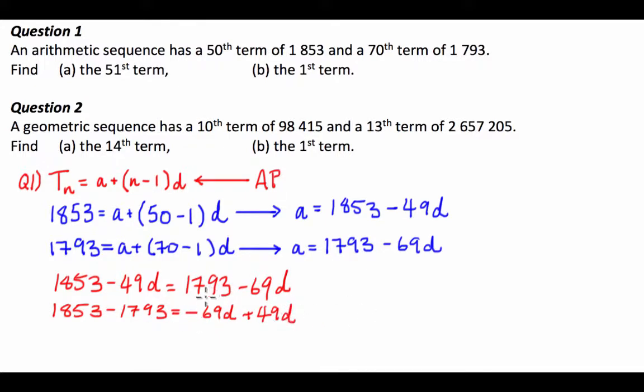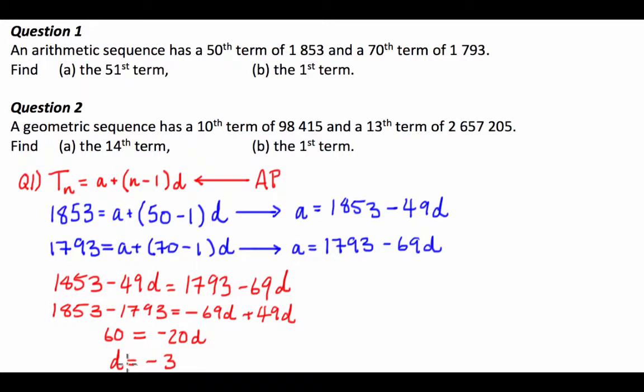Cool. So from here, guys, this is going to equal 60, and this here is going to equal negative 20d. So hopefully you guys are able to see that then d is going to equal negative 3.